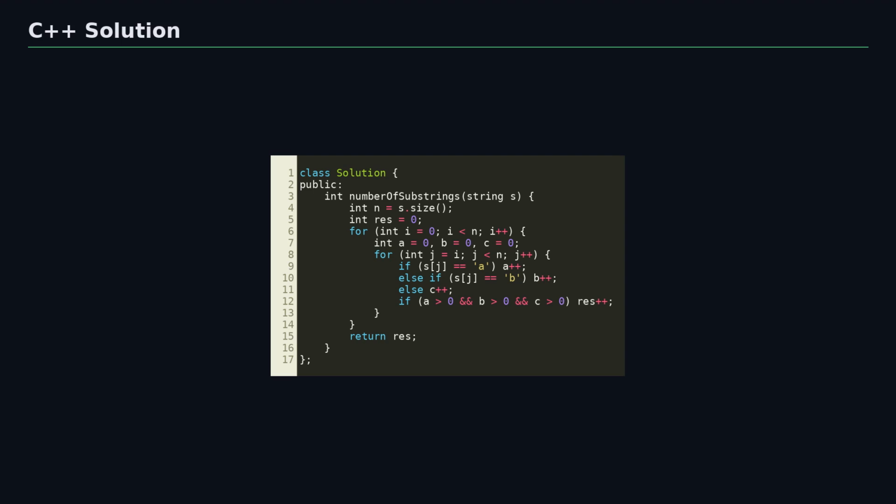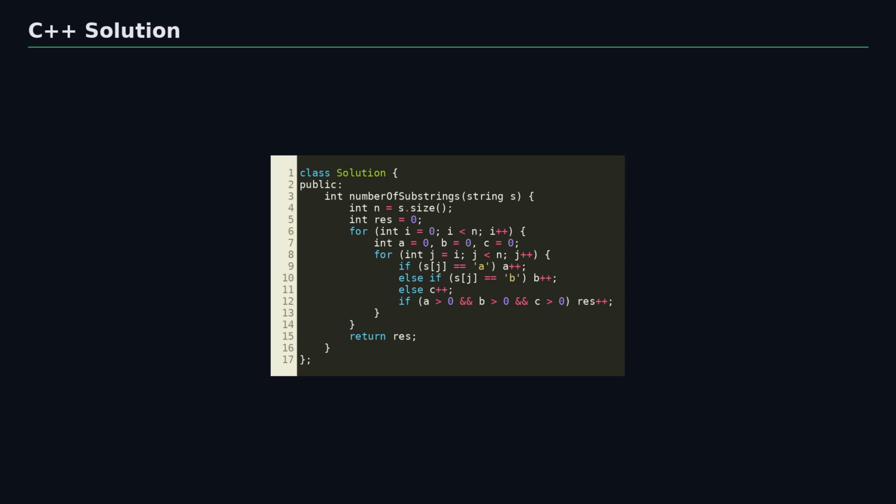Let's take a look at the C++ code that implements this solution. We start by defining a class called Solution with a method called numberOfSubstrings that takes a string as input. We initialize a variable called n to the length of the string, and a variable called res to 0. This variable will store the total number of substrings that contain all three characters.